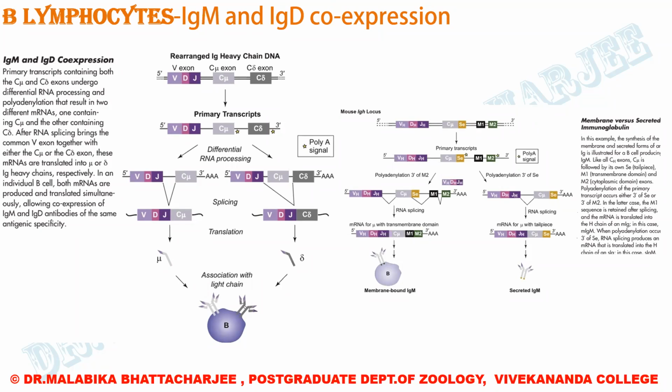Now, the secretory piece or the tail piece is an additional piece for IgA. It's not found in IgM. It's found in IgA, and this piece is added in the lining epithelial cells of cavities as it is transported across to the lumen.